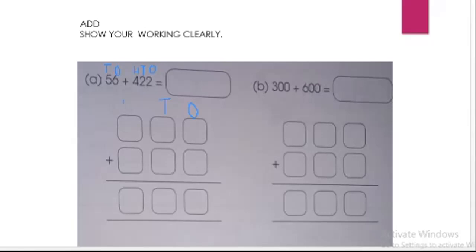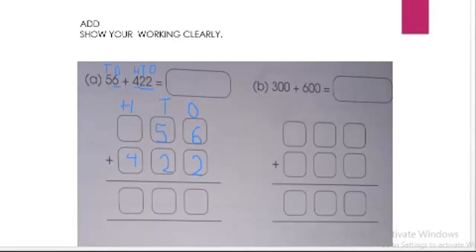Now I have mentioned the places on the top. You can see that 6 will come under the ones place and the 5 will come at the tens place. And in the next number, the 2 will come at the ones place, the other 2 will come at the tens place, and the 4 will come at the hundreds place.